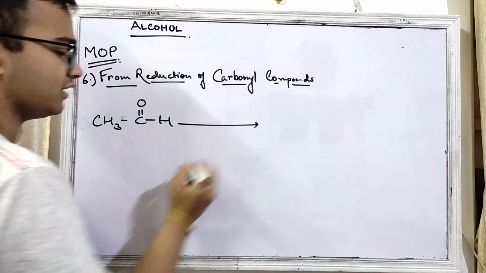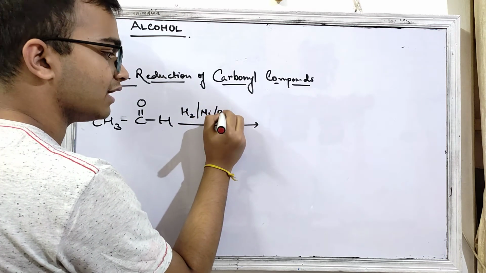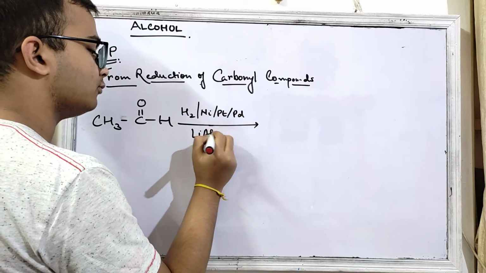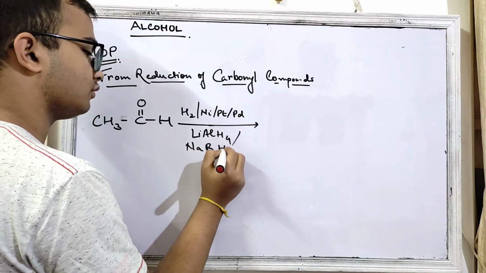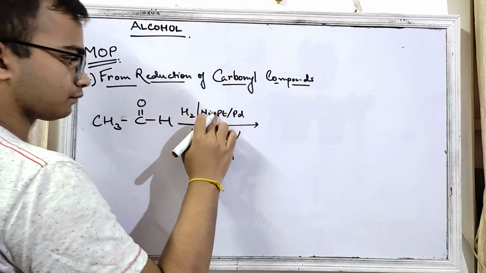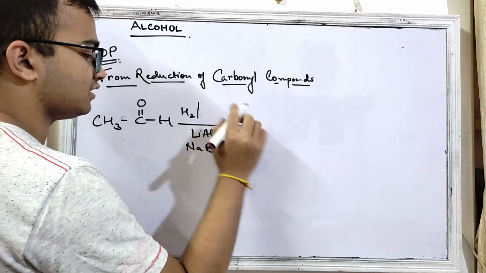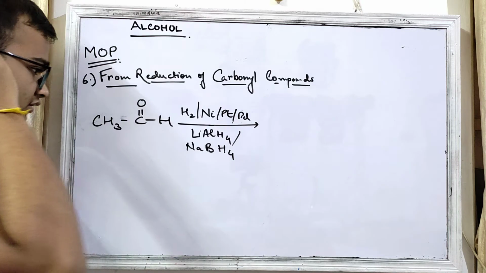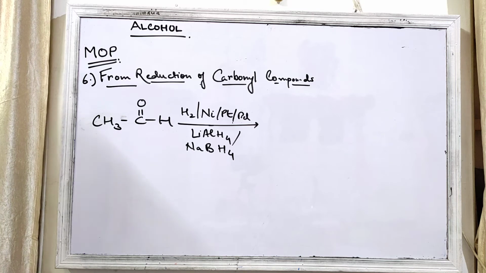Now, when you treat acetaldehyde with H2 over nickel, platinum, palladium, or you can take lithium aluminum hydride LiAlH4, or sodium borohydride, it's quite obvious that the double bonded O will be removed, and there will be formation of ethanol.